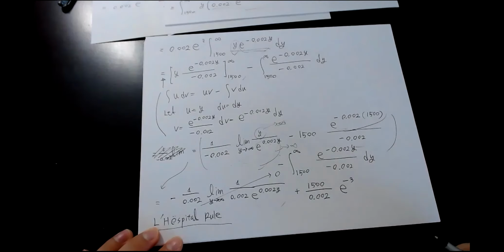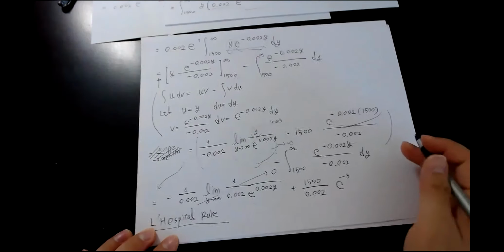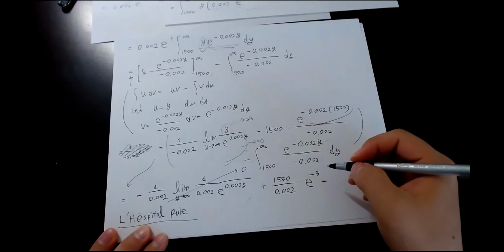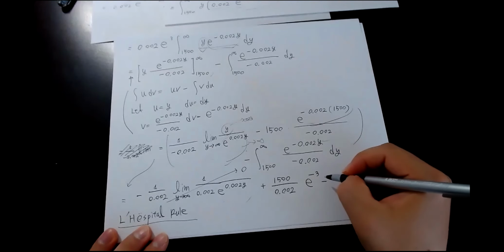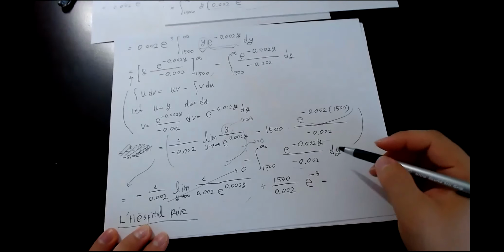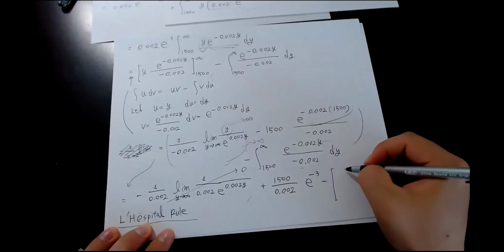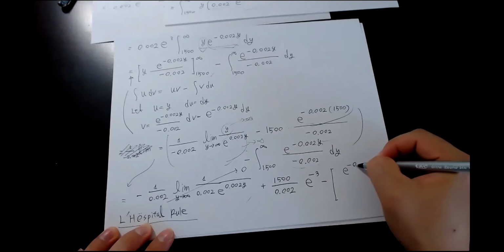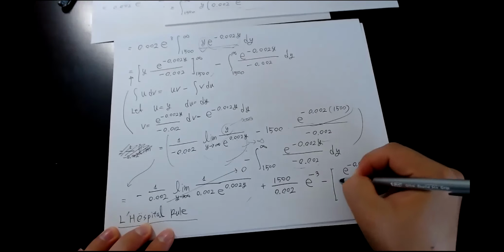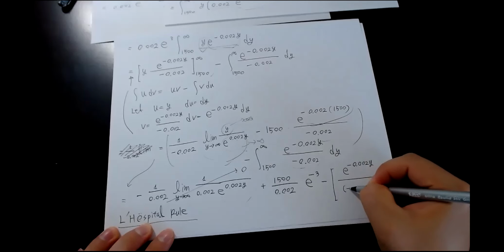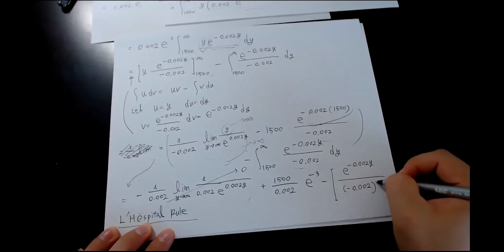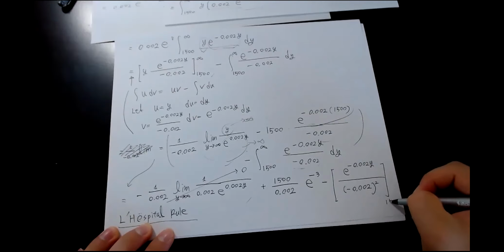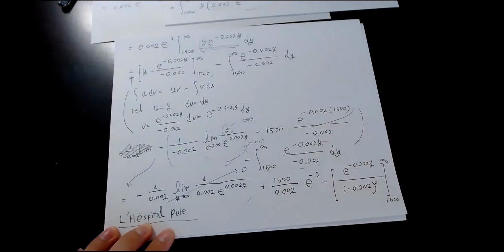Sorry, e cubed. And then minus the integral, and the derivative is going to be e to the minus 0.002y over minus 0.002 squared, evaluated from 1500 to infinity.